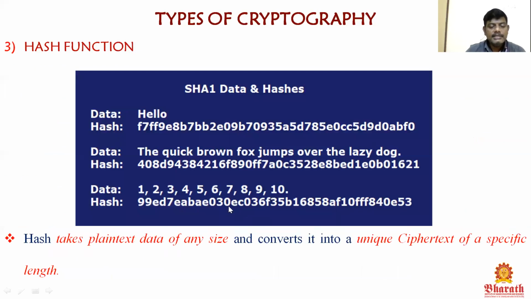You can see an example of hash codes for SHA1 data and hashes. I already told you SHA1 is a mostly used hash function nowadays. First example: hello. How many characters are here? 1, 2, 3, 4, 5.